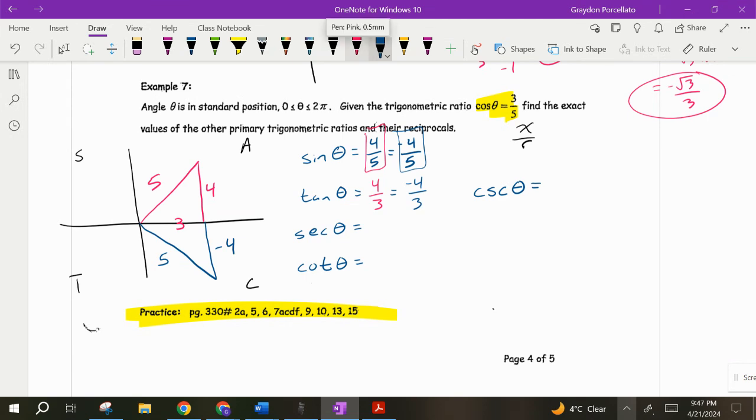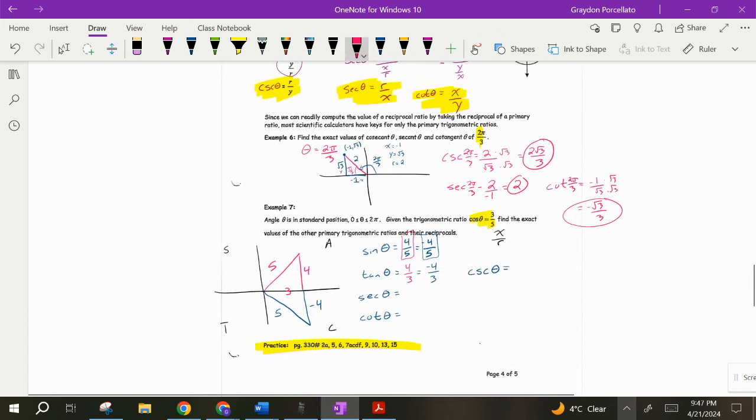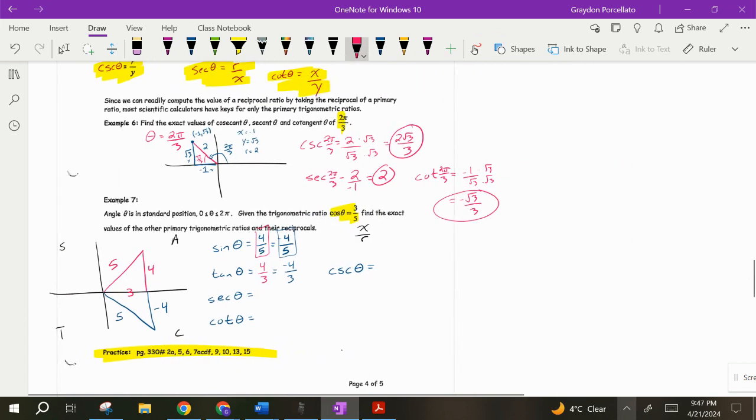For the next one, secant. Secant is r over x. So that's 5 over 3. So there's only one solution there. For cotangent, that's going to be x over y.